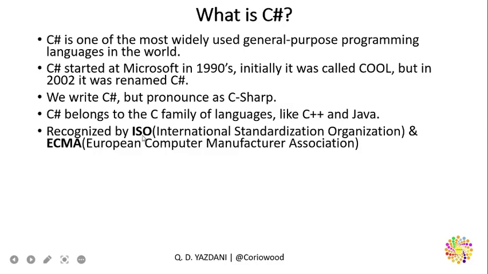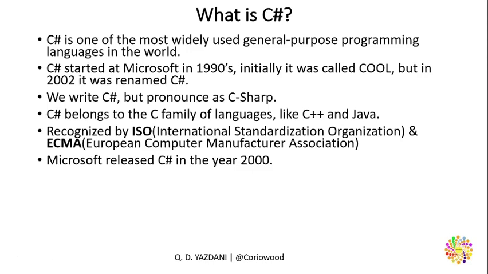C Sharp is recognized by ISO. So what is ISO? ISO stands for International Standardization Organization, or in some places the International Organization for Standardization. Whatever you want to call it, it is called ISO. And ECMA stands for European Computer Manufacturers Association. It means that C Sharp is free to use.